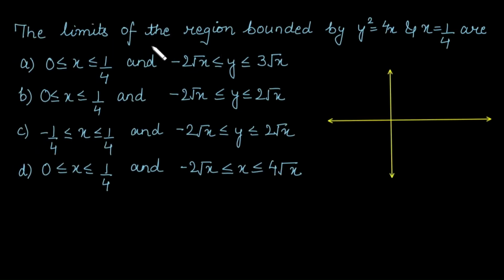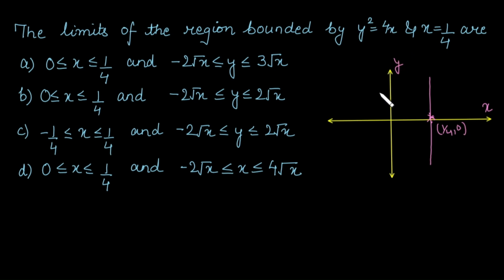Next question is the limit of the region bounded by these two curves. Now x is equal to 1 by 4, that is a constant, meaning a line parallel to the y-axis. So suppose this is the x-axis and this is the y-axis. x is equal to 4 is a straight line passing through the point (4, 0). y square is equal to 4x.